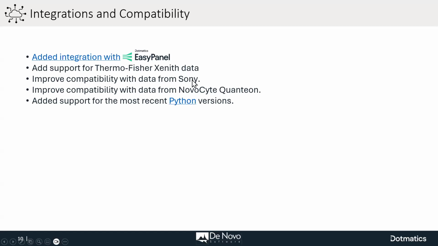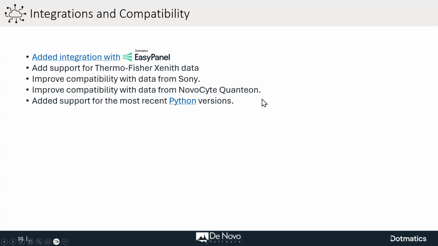We already had compatibility with Sony and Novocyte, but this compatibility has been improved. So we tweaked the instrument-specific setting. And we also added support for the most recent Python version. So I won't show you an example, but anyway, just want to mention that you can run Python script.